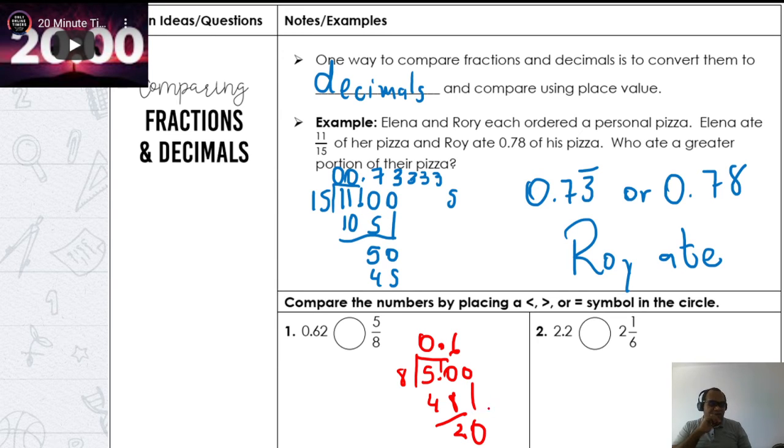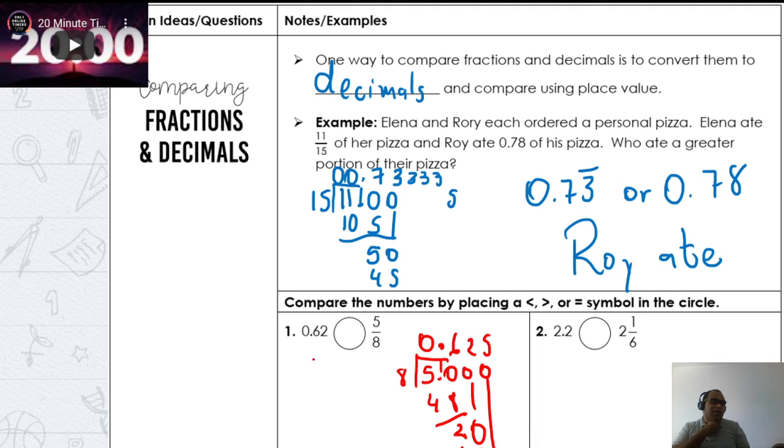How many times does 8 go into 20? It is 2 times. 2 times 8, 16. You bring it down, 40. You add 0, 40 right now. How many times does 8 go into 40? 5 times. 40 minus 40 is 0. We solved the problem.